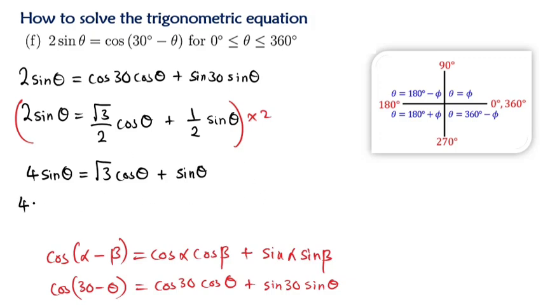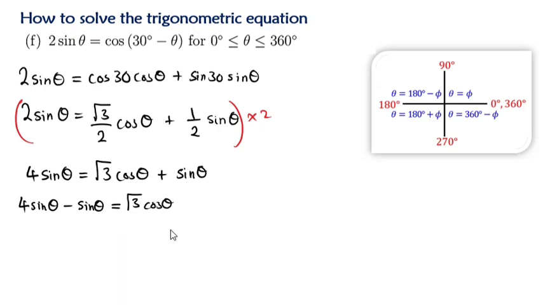So this is 4 sine theta minus sine theta, or rather, let's say this is equal to √3 cos theta, like that. Okay, let's remove this. Now, left hand side, this is 3 sine theta is equal to √3 cos theta.